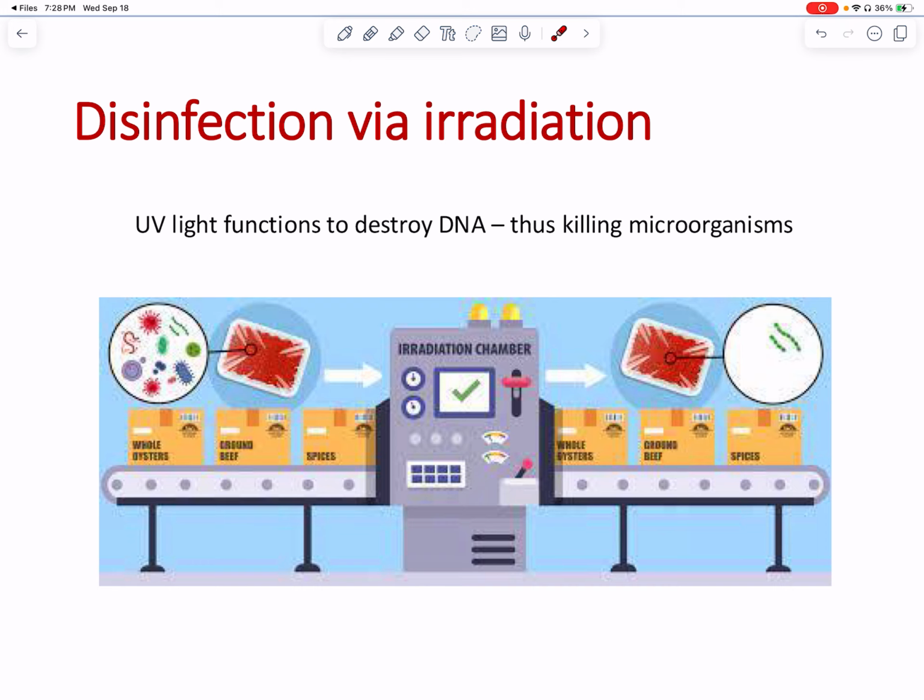And so, because meat isn't necessarily a liquid that we can put through a pasteurization machine, instead we use something called irradiation. This process of disinfection uses UV light in order to destroy DNA. And so, if we're thinking about UV light, that's just like the sun outside, and why it's so important for us to put on sunscreen as protection from that UV light.